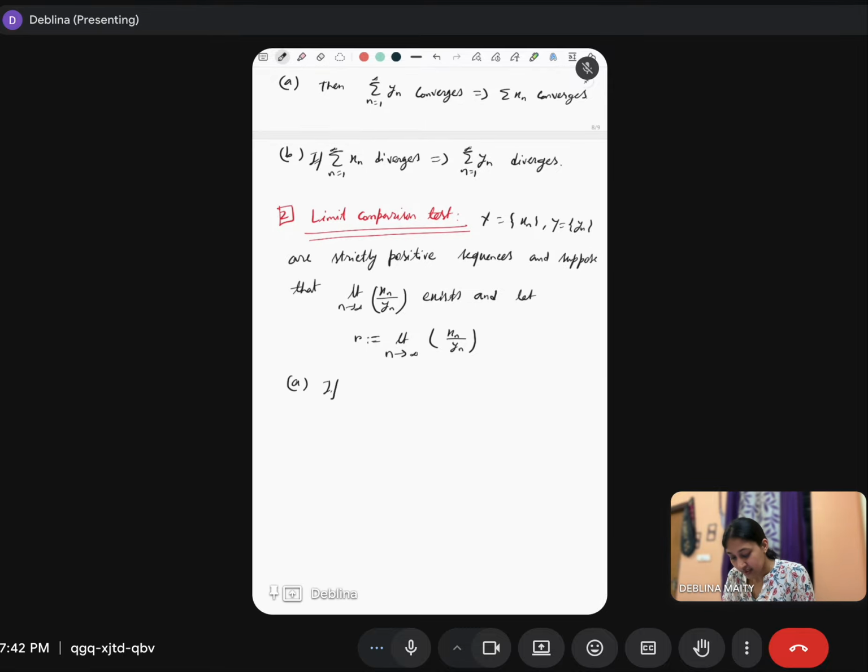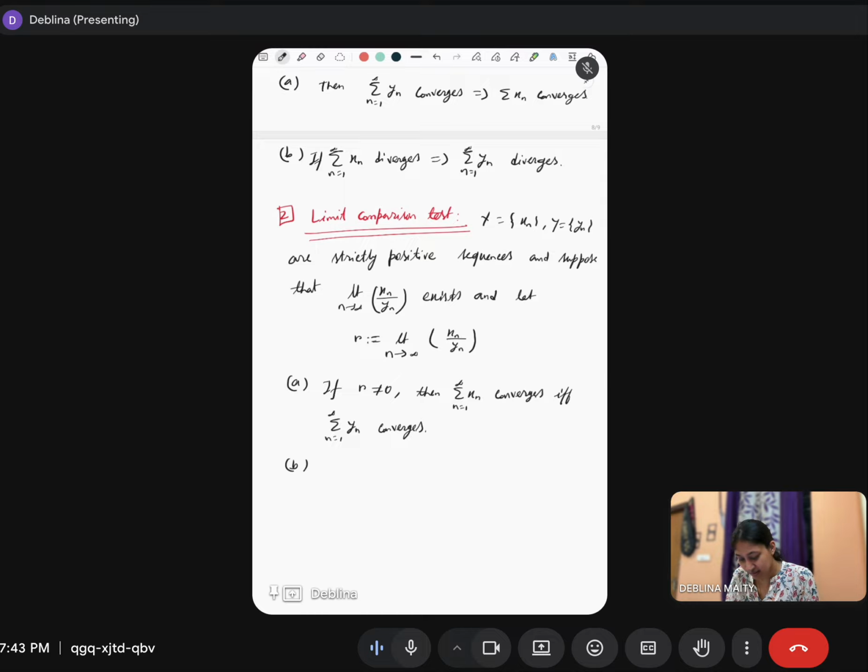Then if r is non-zero, then the summation of xn converges if and only if the summation of yn also converges, right? So this implies that if r is non-zero, both the series converge or diverge simultaneously.